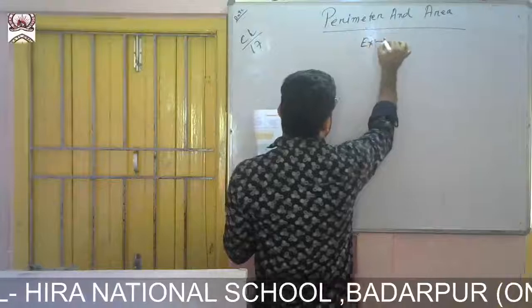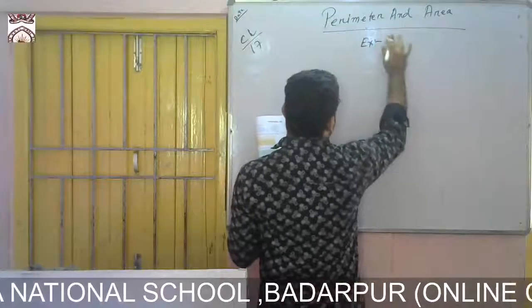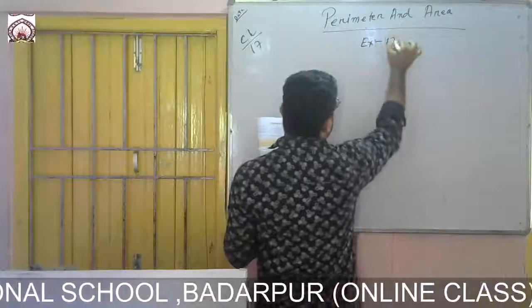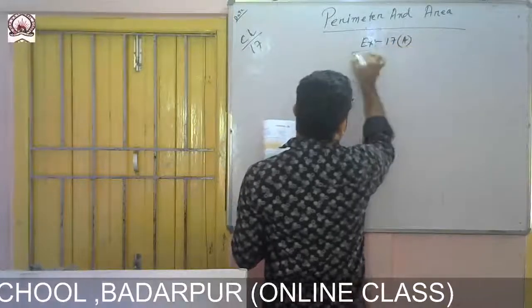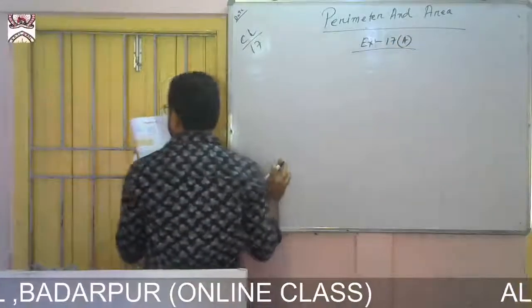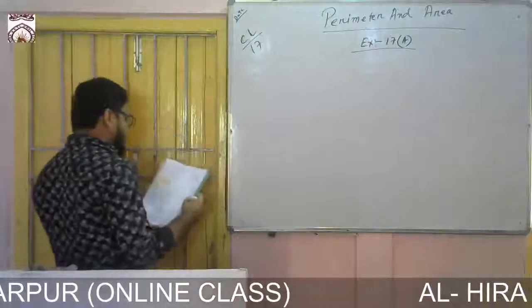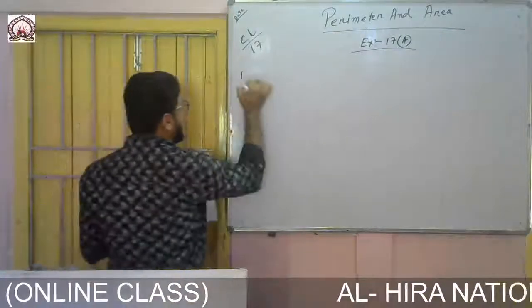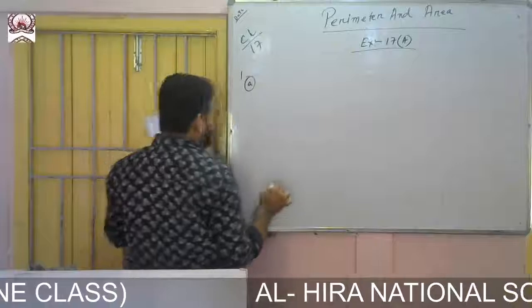Exercise 17. Okay, so see, find the perimeter. That is, we need to find the perimeter. So number 1, the shape is given like this.